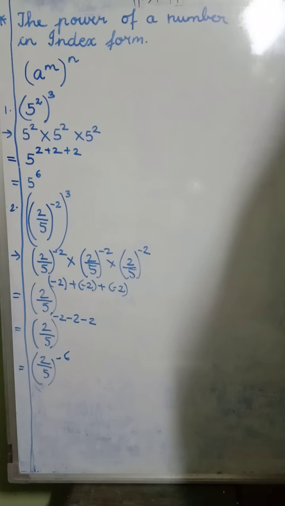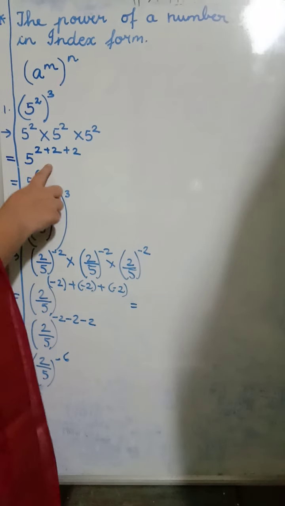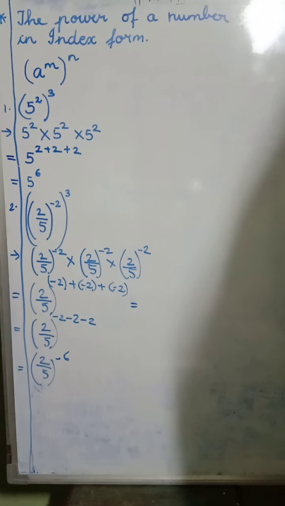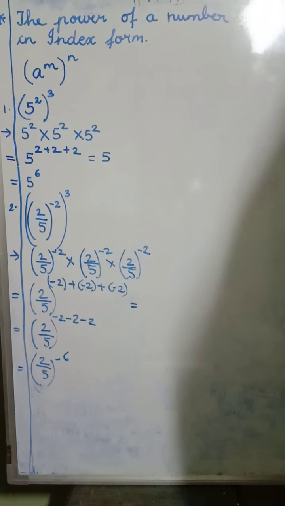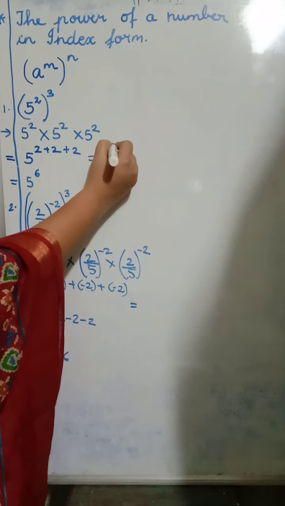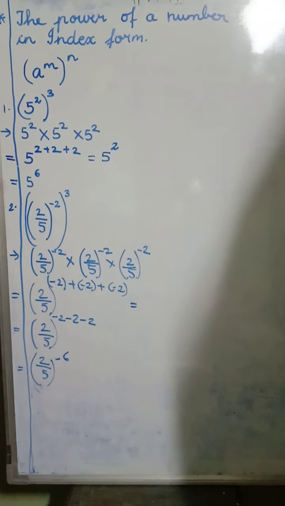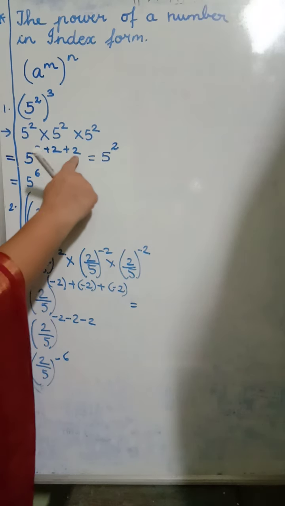Now this is according to the multiplication formula of indices. Just look at this step, children. Suppose 5 is the common base, we will write it, the same base. Now what is our index? 2. How many times is it coming? 1, 2, 3.